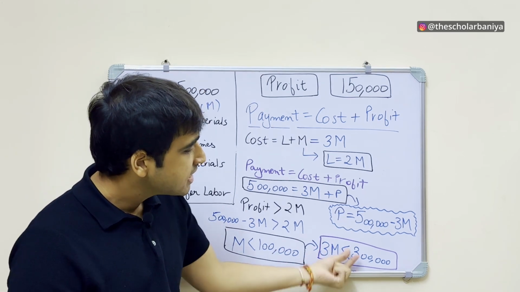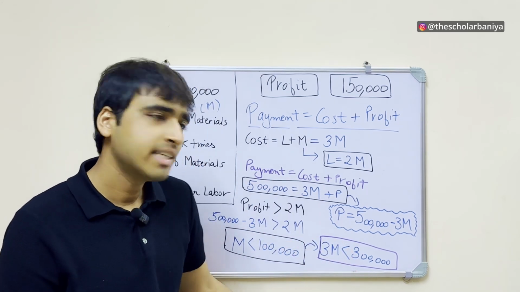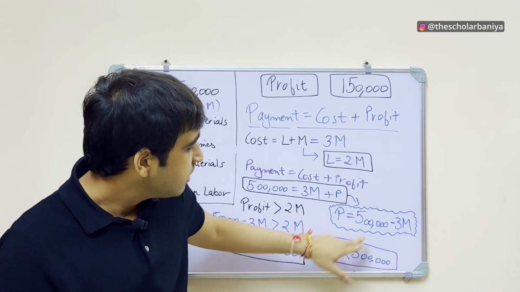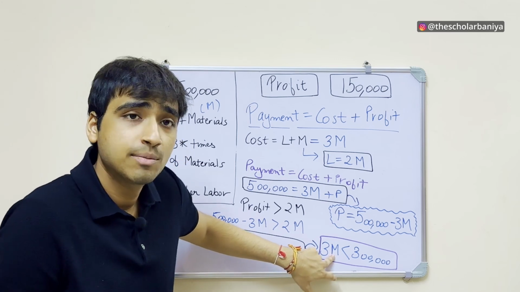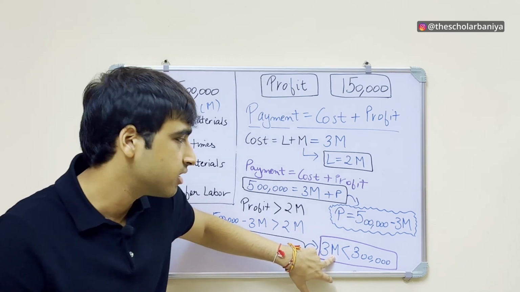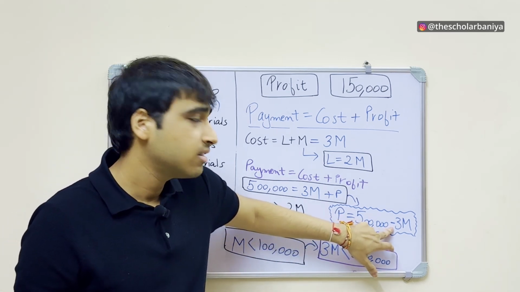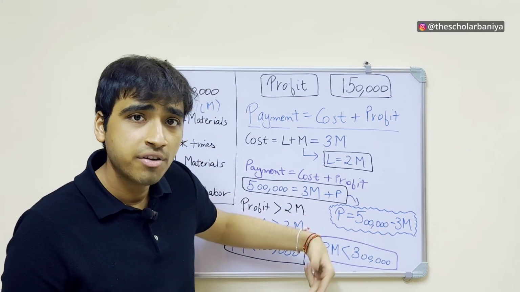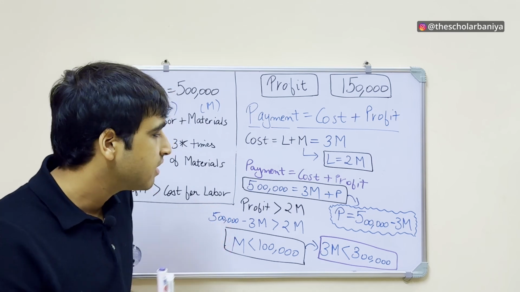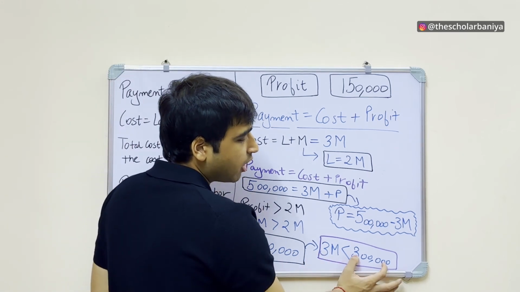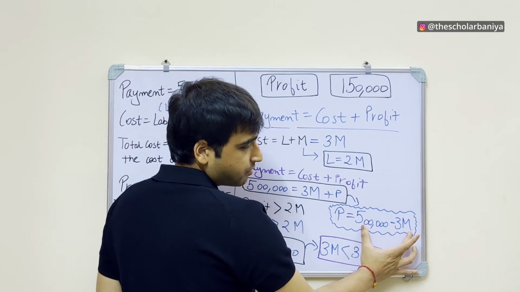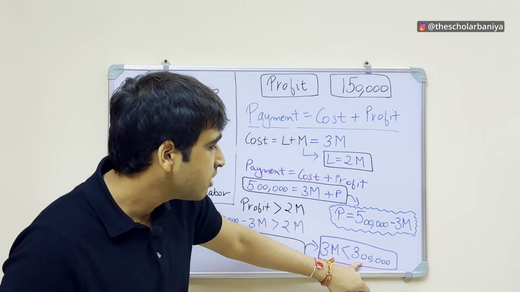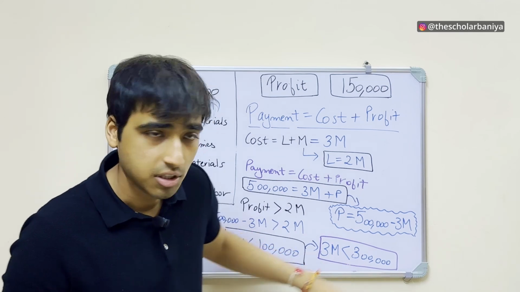For example, 3M is less than 300,000, right? For example, it's 299,000. So the value of 3M, let's suppose it's 299,000. So 500,000 minus 3M is what? 500,000 minus 299,000 will give us 201,000. So what I mean over here is that if 3M is less than 300,000, then the value of this will be greater than 200,000, because 500,000 minus 300,000 is 200,000.